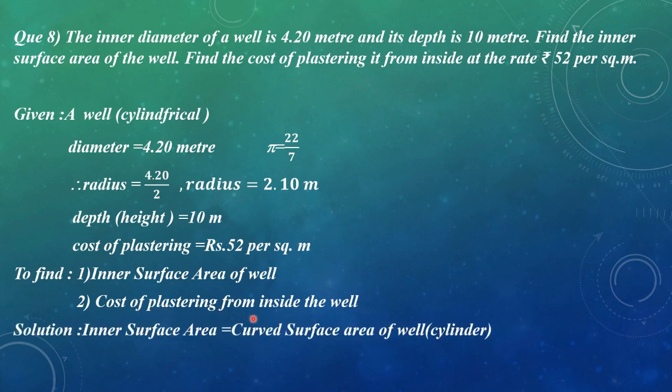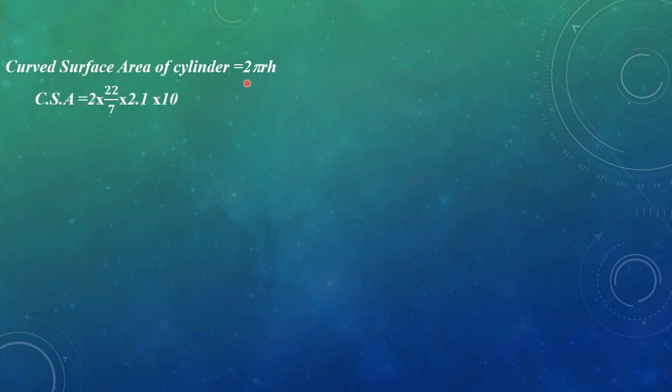Now solution, inner surface area is equal to curved surface area of the well, that is cylindrical in shape. Now curved surface area of cylinder is equal to 2 pi RH. Therefore, substituting the values, we get 2 multiplied by 22 by 7 multiplied by 2.1 multiplied by 10, and that is equal to 2 multiplied by 22 by 7 multiplied by 21 by 10 multiplied by 10.